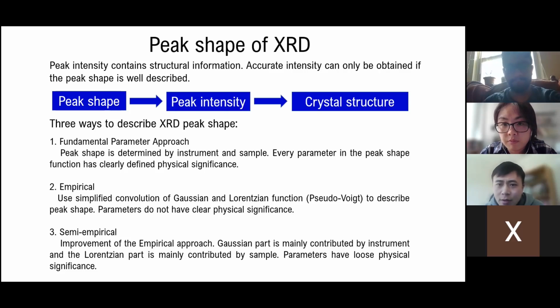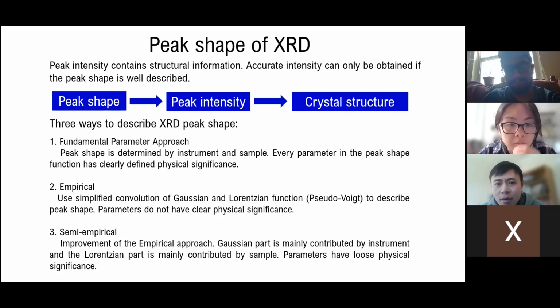Peak profile describes how the peak shape changes as a function of 2 theta. For example, are they symmetric? Are they broadened, or very sharp? There are those kinds of features. And it is important because, as I mentioned, it's highly correlated to the peak intensity.